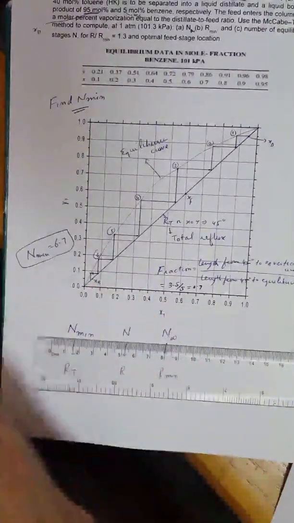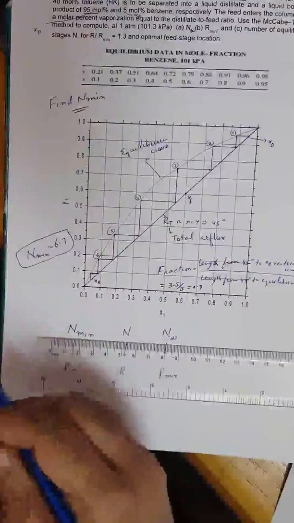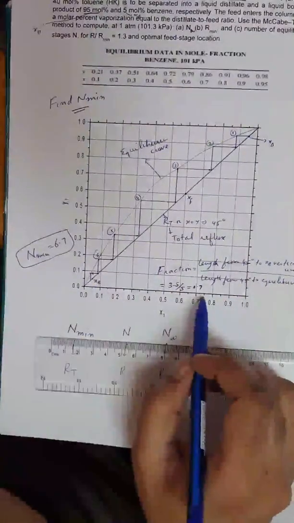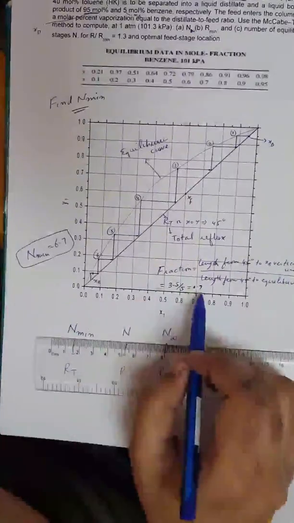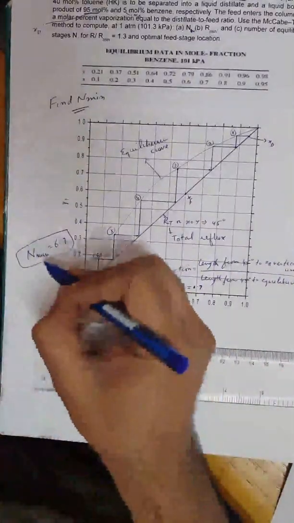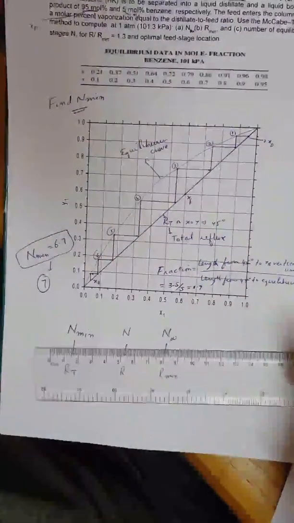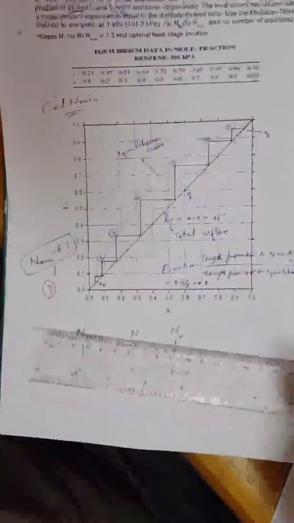You must cross XB. Once you cross XB, you calculate the fraction, which in my case is 0.7. Ultimately you can write this as 7, if you apply the significant figures rule. So this is part A.